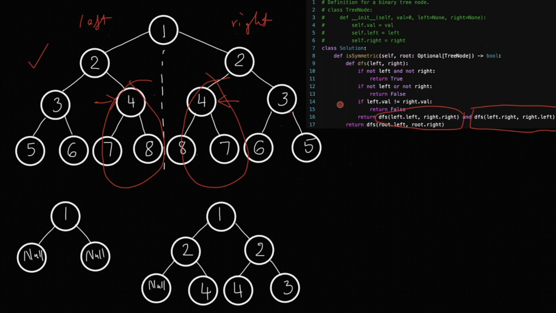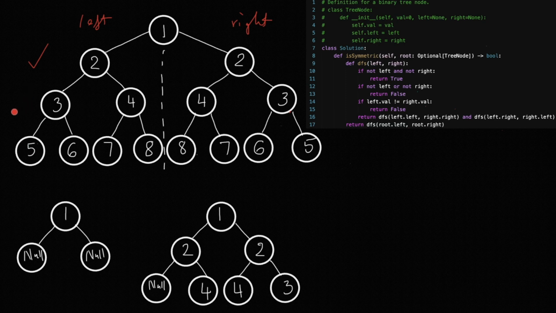Now again, we will compare the values of left, which is 4, and the value of right, which is also 4. They're not different from each other, so we cannot return false. Let's keep going. Now we're done with this level. We can move on to the next level.